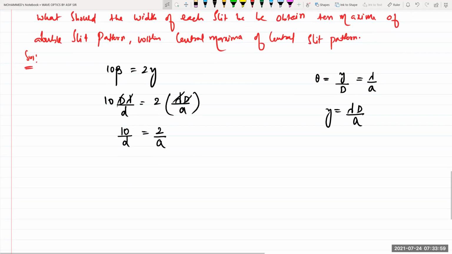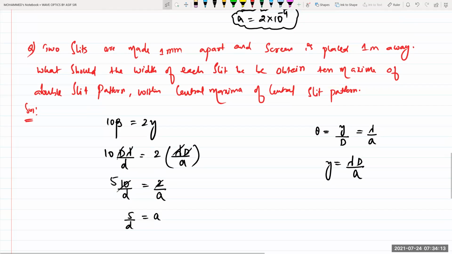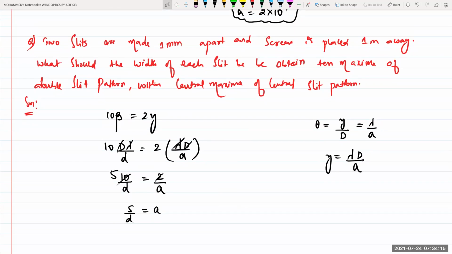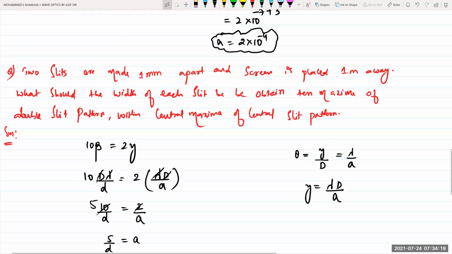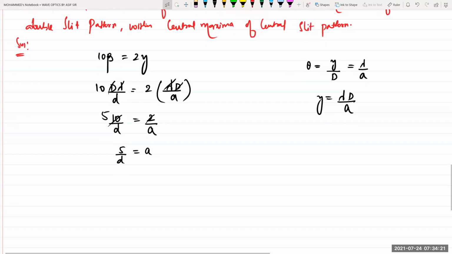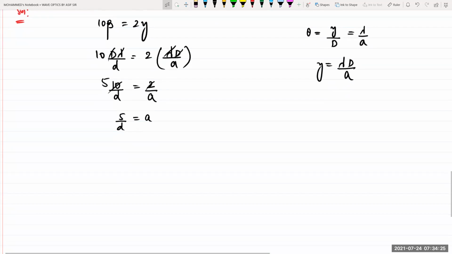So this will become how much for me beta? 2 ones are 2, 2 fives are 10. So I can write here that 5 by d is equal to 1 by a. In the problem, two slits are made and we need the width of each. That means a is equal to how much? As given, the two slits are made 1 mm apart, and small d is the distance between them. That means small d is equal to 1.